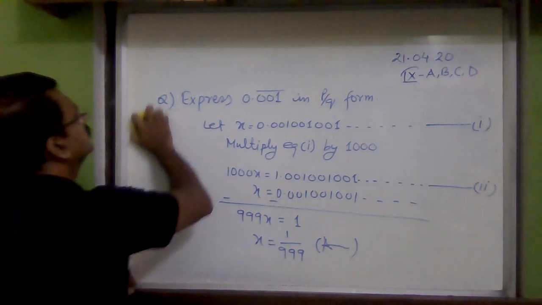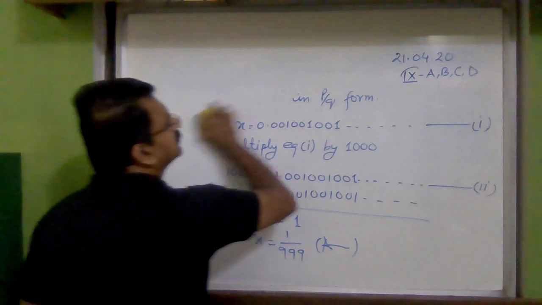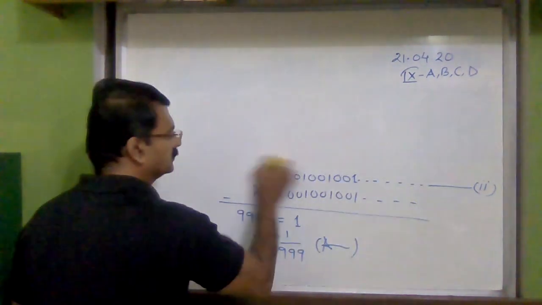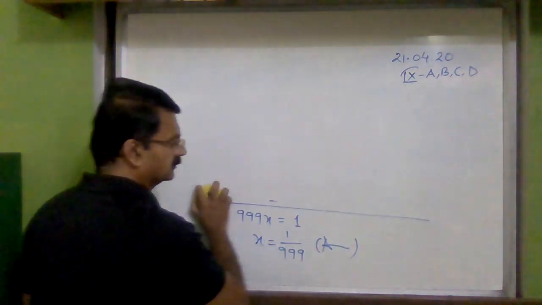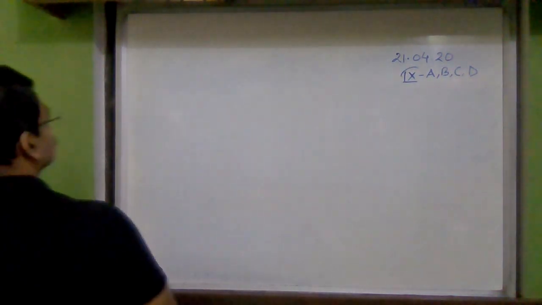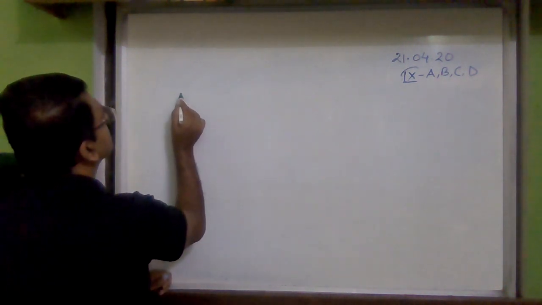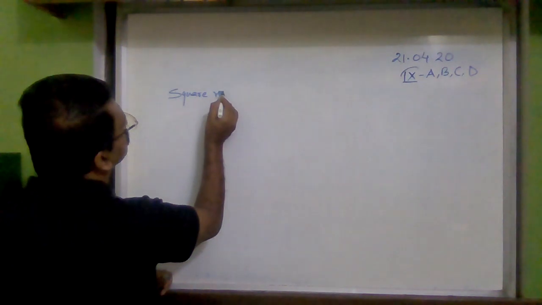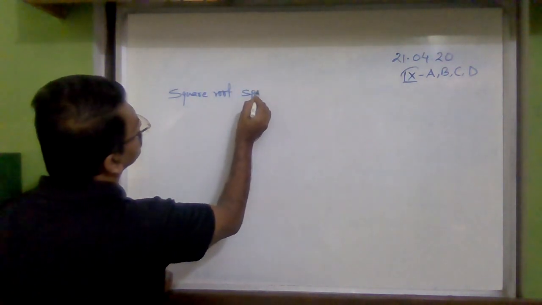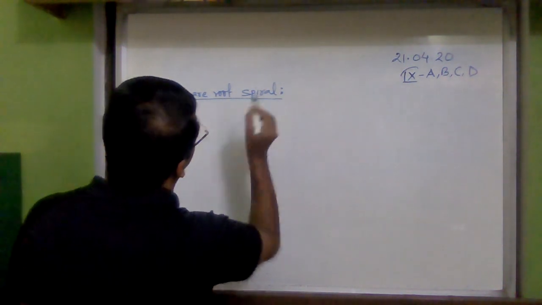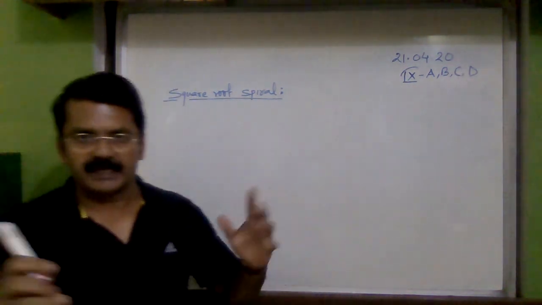One more thing. Square root spiral. Now what is square root spiral?